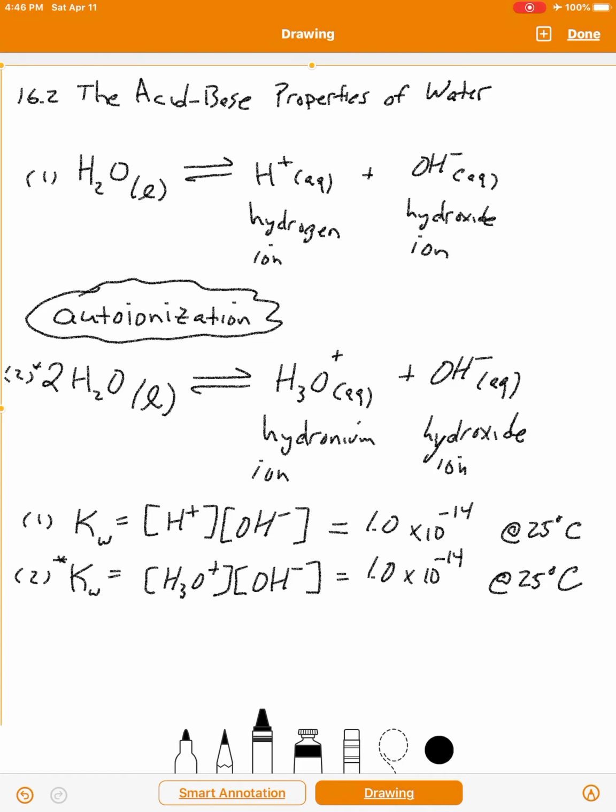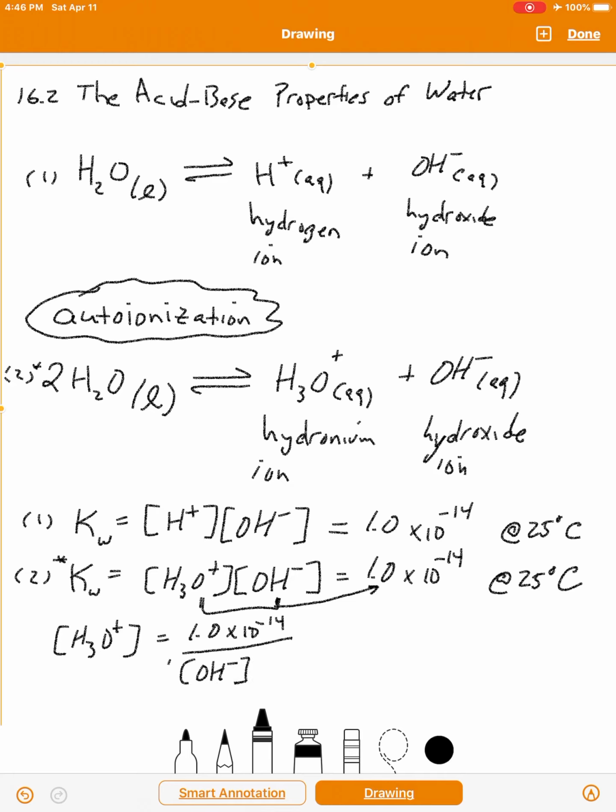Okay? Now, here's what we're going to claim when we take a look at this. The product of these two concentrations is equal to a constant, which means that these two concentrations are related to each other. And so we could write it in this way. We could say that the concentration of H3O plus is 1.0 times 10 to the minus 14 divided by the hydroxide concentration.